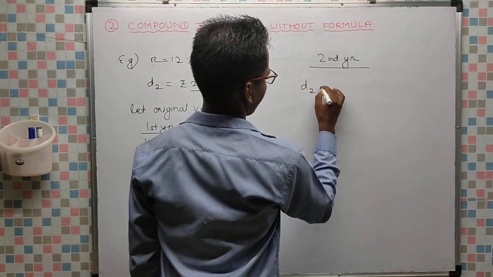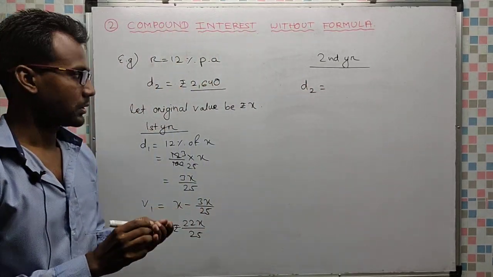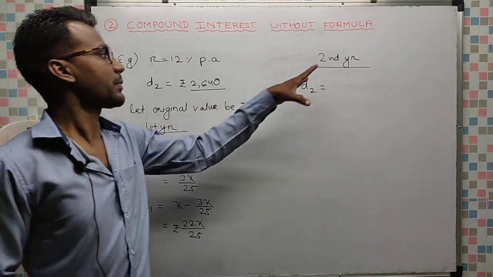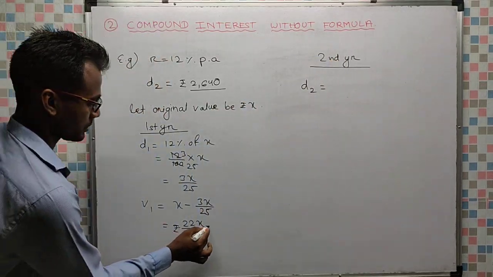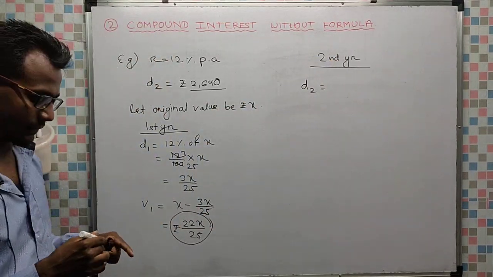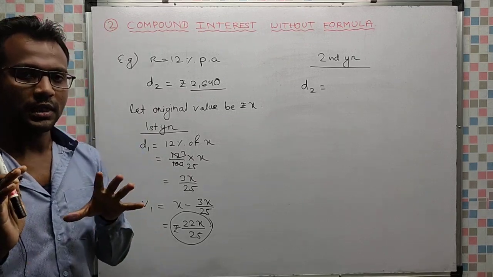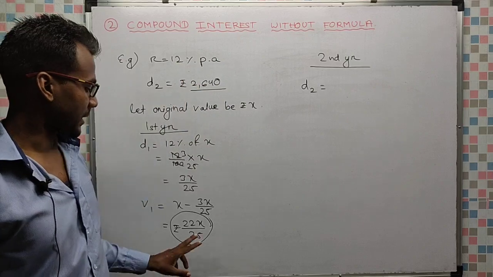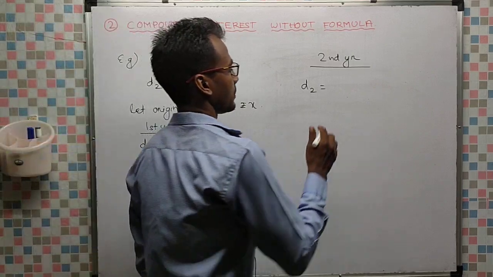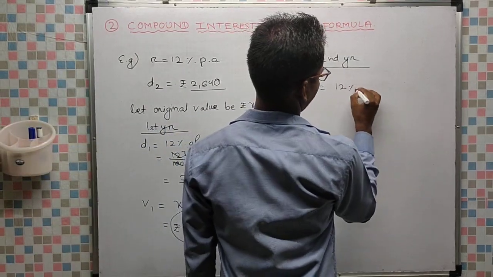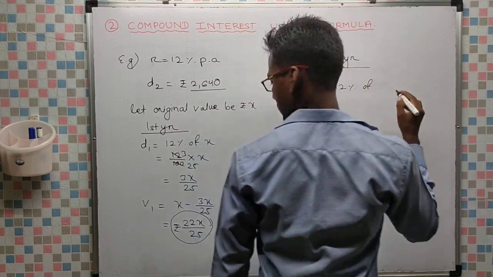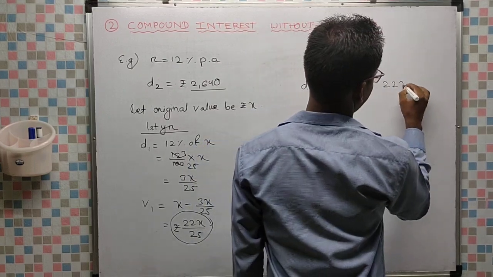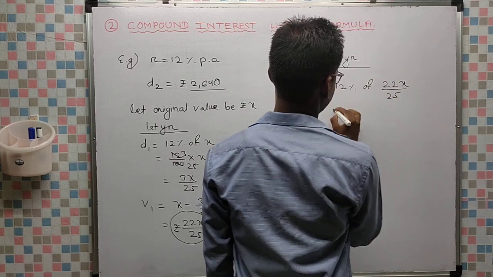Now B2. The value of the machine at the beginning of second year is 22x by 25. Now the depreciation in the second year, that is D2, is equal to 12% of 22x by 25.